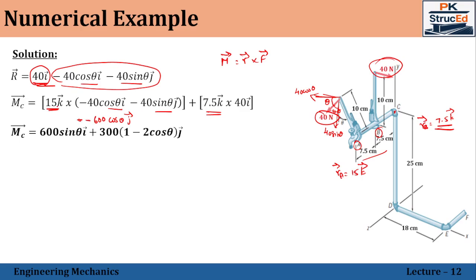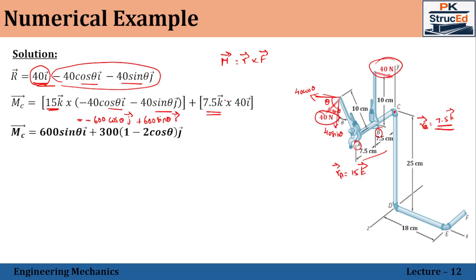Now moving on with the second component, 15 K cross minus 40 sin theta j. K cross j gives I vector, which will be positive, so plus 15 into 40, which is 600 sin theta I vector.